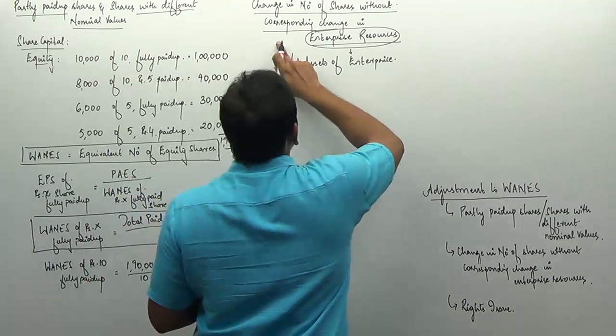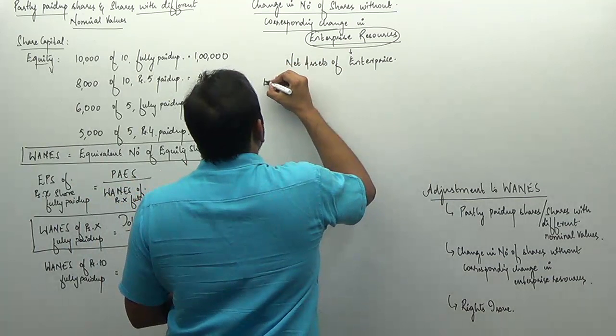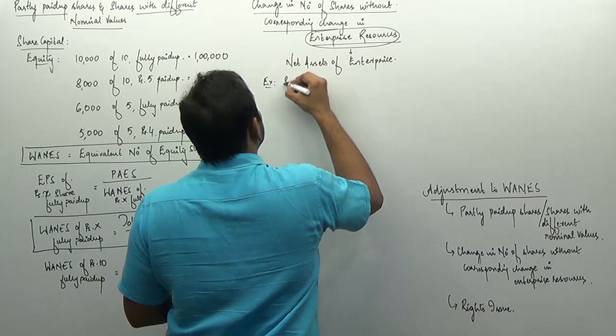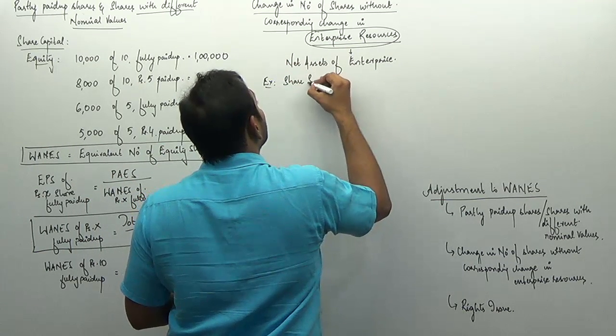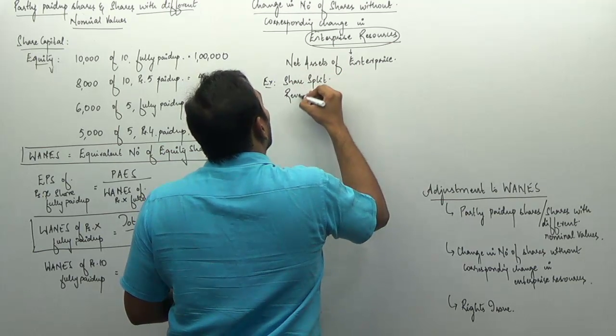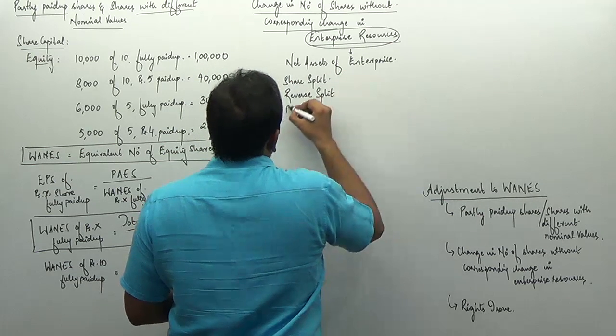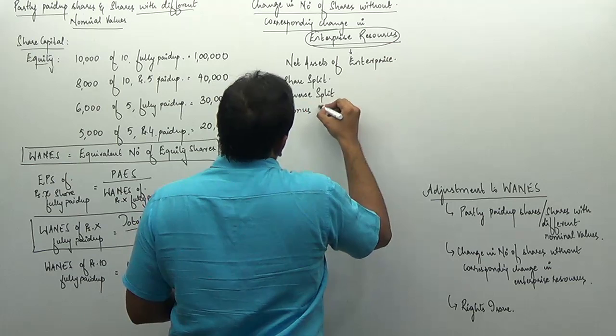However, then what of this thing which we are saying that there is no corresponding change? For example, share split. Reverse split, bonus shares.